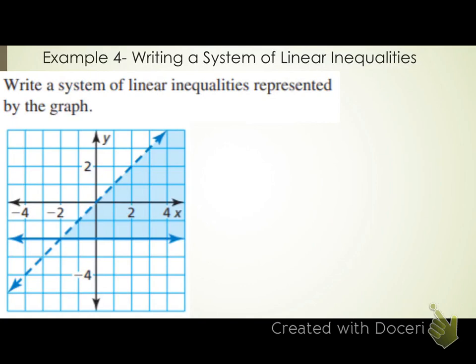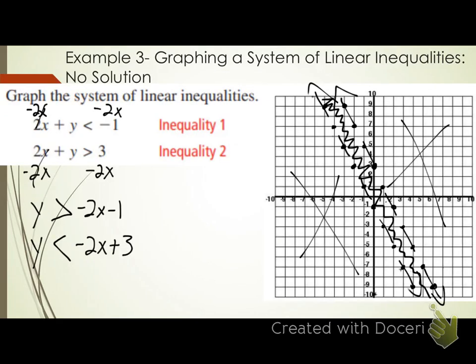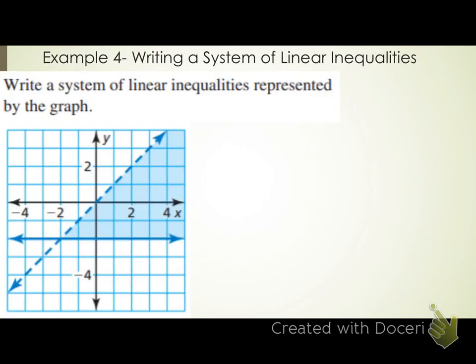So what would the inequality look like? 0, negative 2. We're not looking for the ordered pair. We're trying to write the inequality that's making this graph. So instead of being given the inequality and graphing it, it gives us the graph, and it wants us to write the inequality. Does that make sense? So we're going backwards from what we just did on the past few examples.